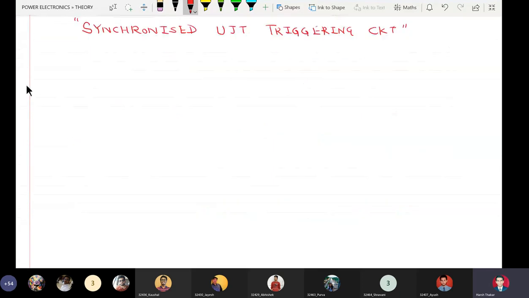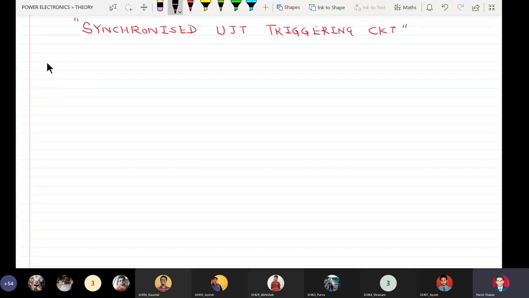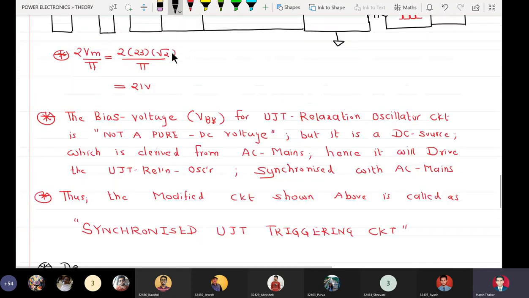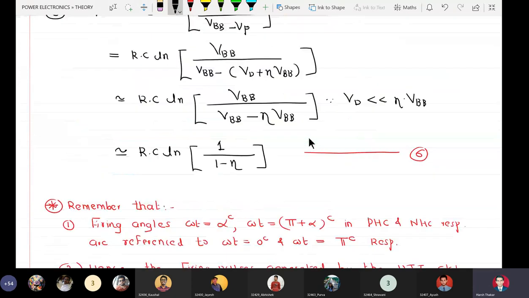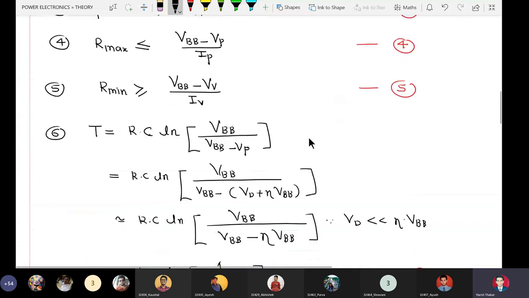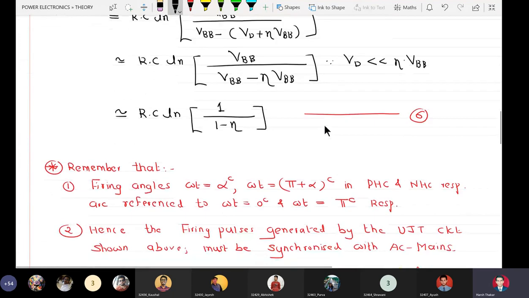We can take one numerical. Okay, fine. There is one more design equation which I forgot, that is the seventh one.